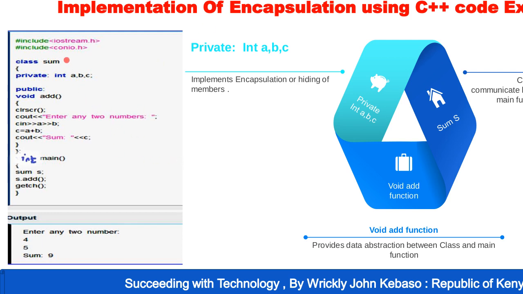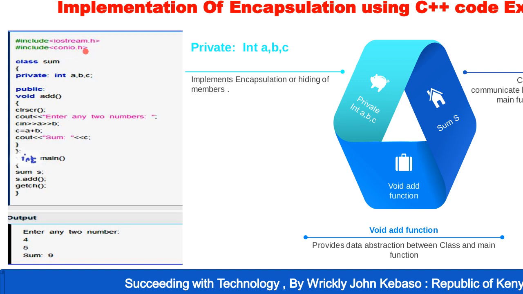Now, let me go through this program very fast so that you can get the concept and feel at home when you talk about encapsulation. So in this program, we have our preprocessor directive with the input-output stream header file. You also have another directive for the console input-output header file.